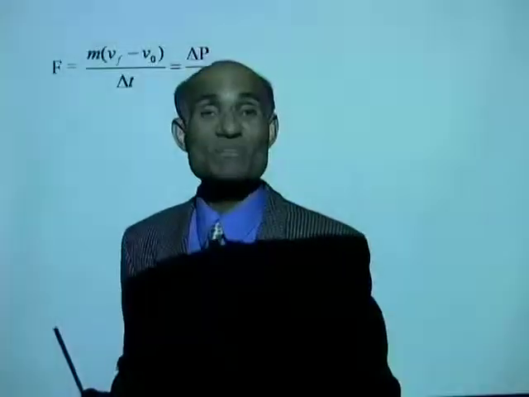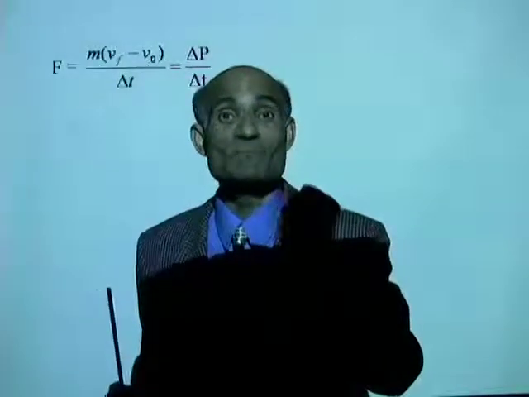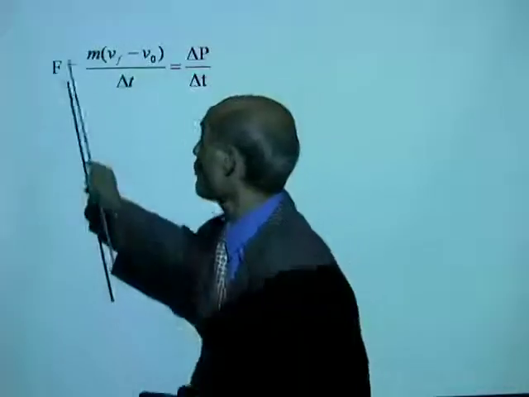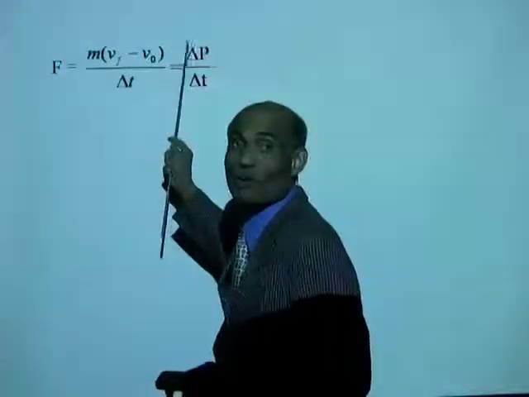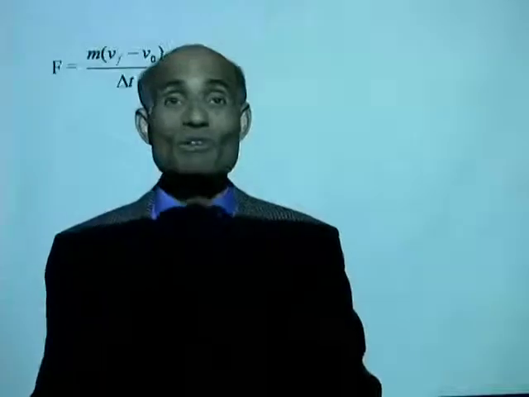What does delta P divided by delta t represent? The rate of change of momentum. So force is a measure of the rate of change of momentum of a moving object.